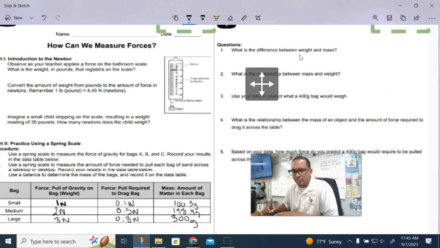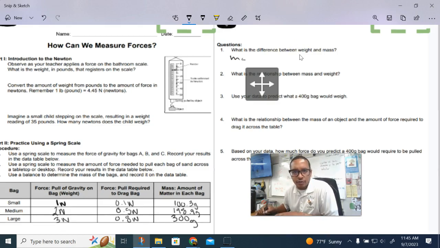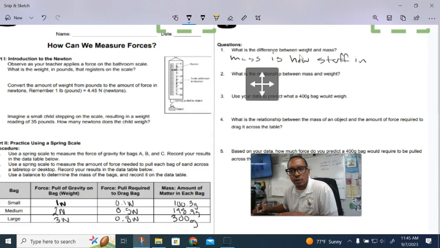And we should write in something like the difference between, so mass, right, is how much stuff is in an object, right?